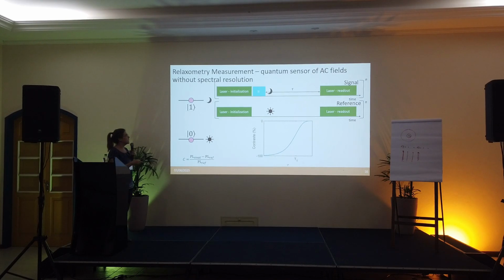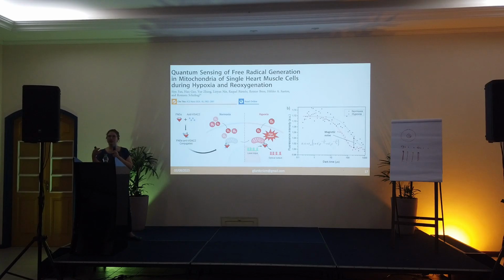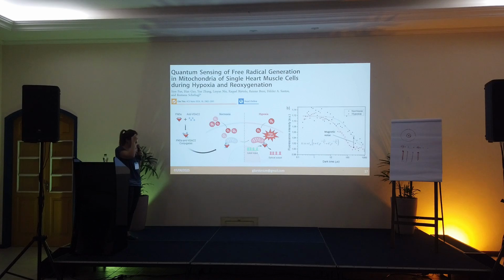The important thing here is that sources of magnetic noise change this relaxation time, and change it in a way that is significant. And if I assume that all my other degrees of freedom are controlled, I can use these changes of relaxation time to infer something about the concentration of paramagnetic sources of noise, for instance, in the environment.